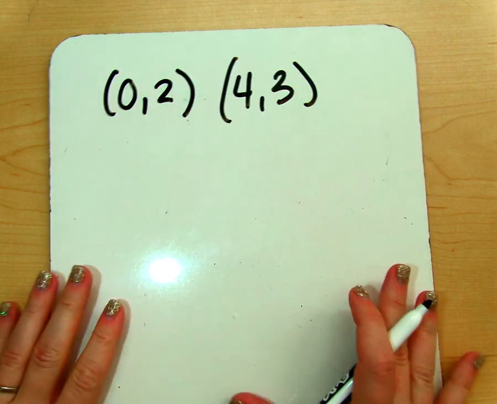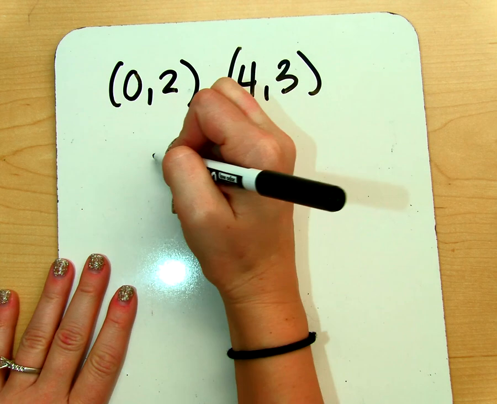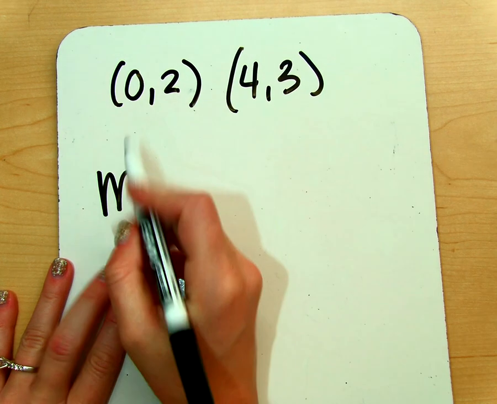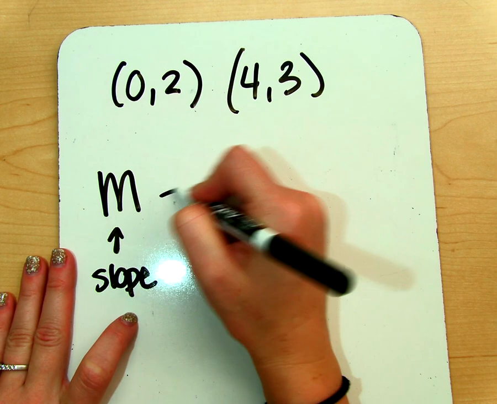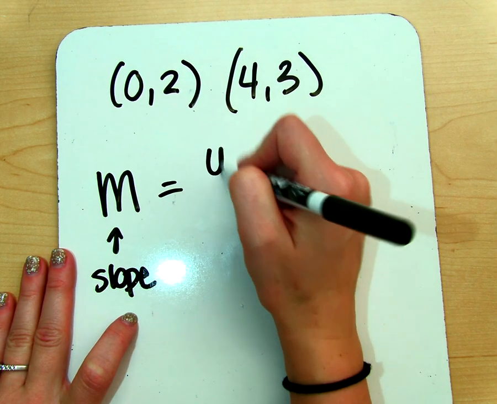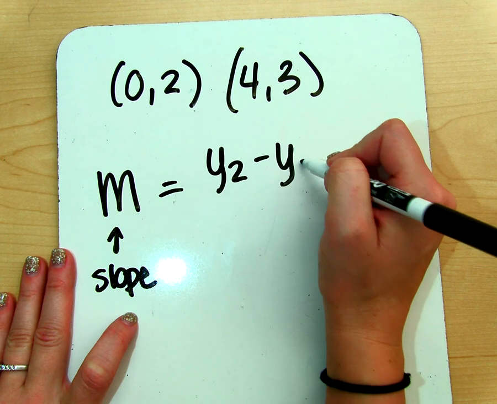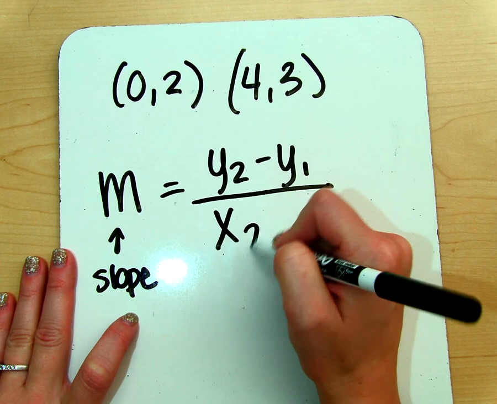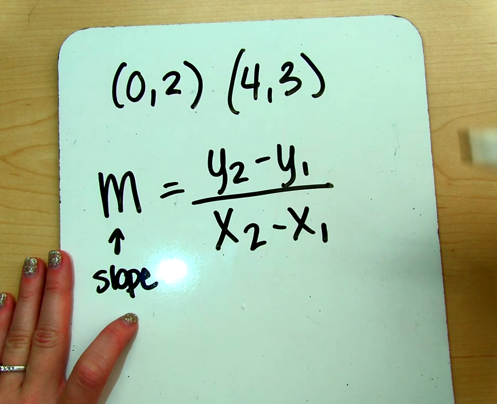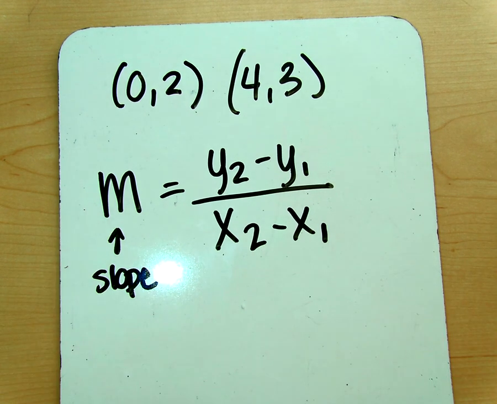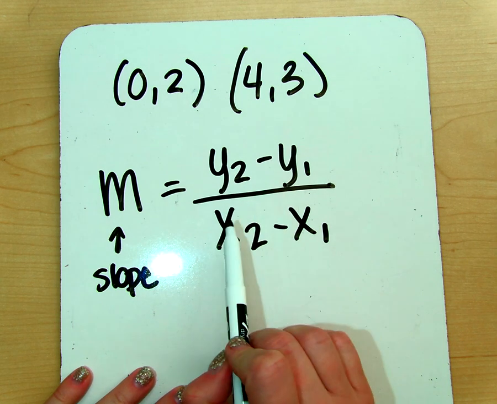So the formula for slope, now slope is always represented by the letter M. So slope is equal to the change in y over the change in x, which is what we talked about on the first page because it was rise over run. It's the same thing here, the change in y over the change in x.